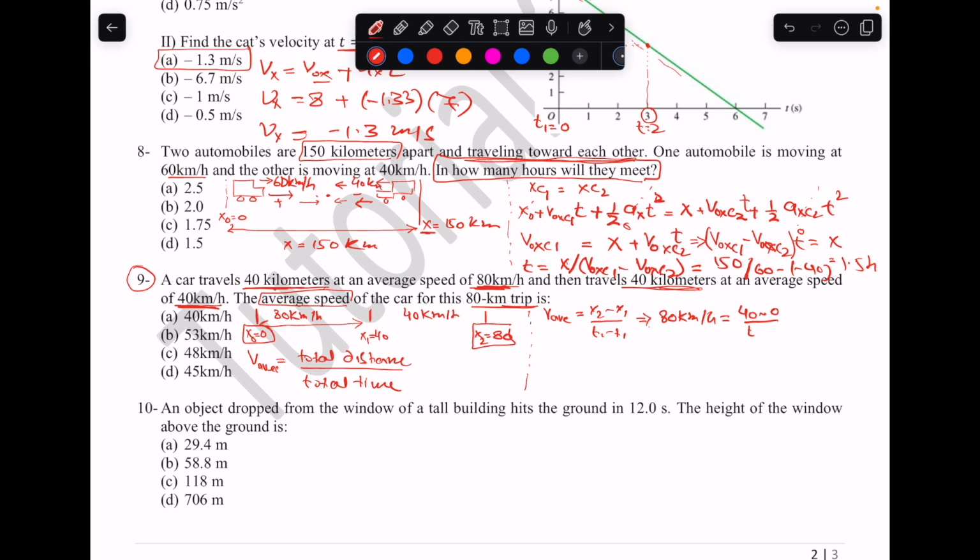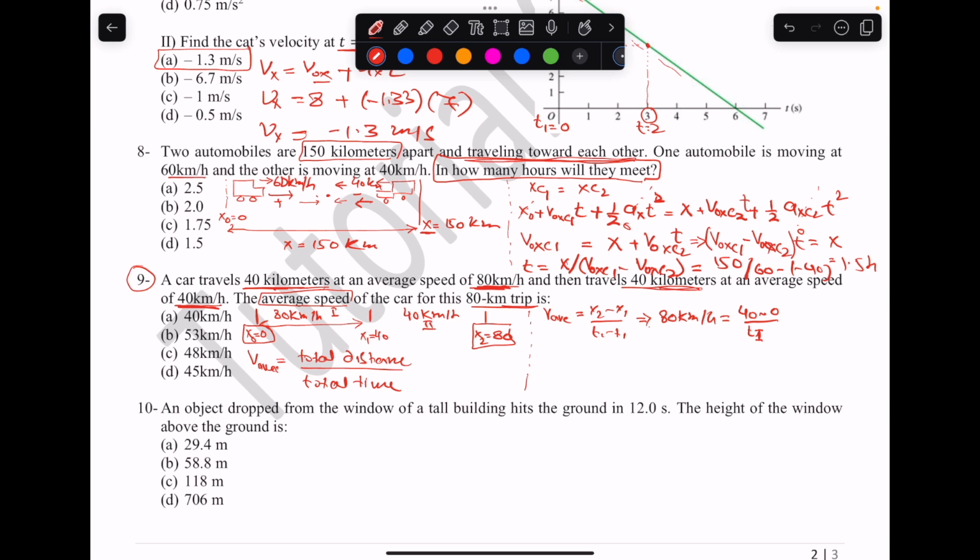This is your first interval, this is your second interval. T2 minus T1, T1 is 0, and T2 becomes t1 in the first interval. So we will calculate this time.